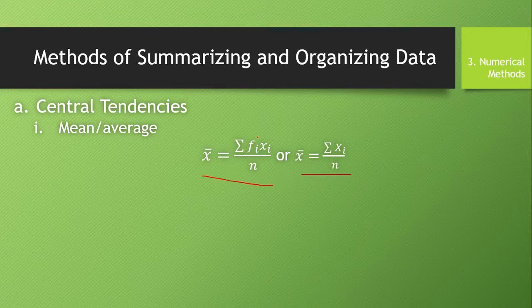Since we have here frequencies and class marks, this will be used for the group data, or those presented in table form, and the other one will be used for ungrouped data or the raw data. The uppercase letter X here represents the value of each of the data, and N again is the sample size.